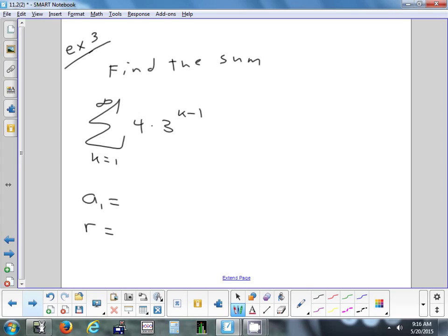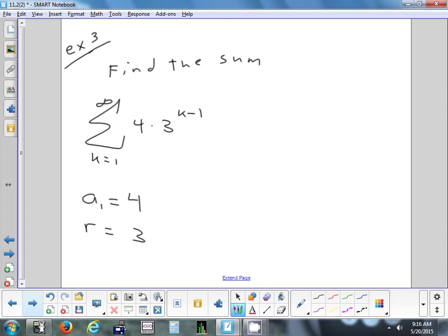Josh? 4. Yeah, first term is whatever the number is in front. Okay, what's r? What's that going to be here? Yeah? 3. You're multiplying by 3 each time to get the next term.